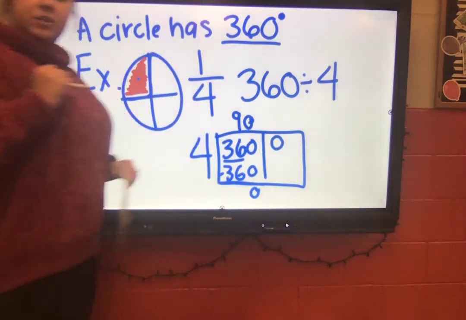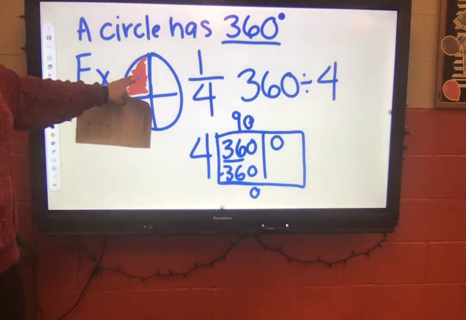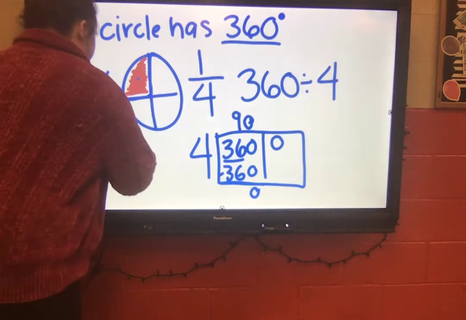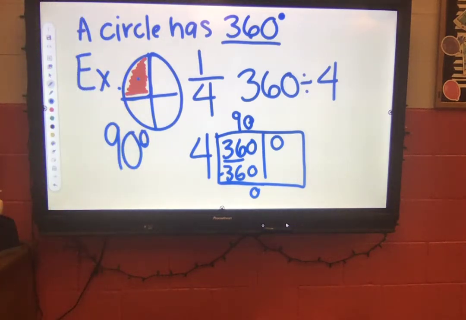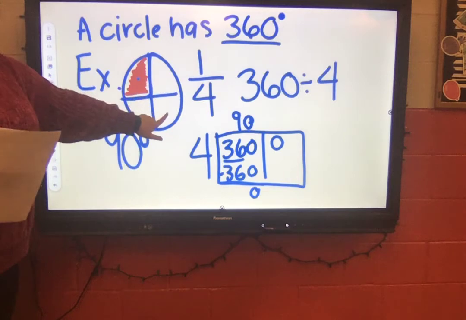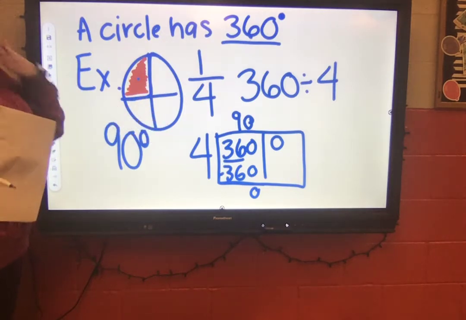Put it in our box. I have 0, so I have 0 remainder. So each portion of this circle, these 4 slices, are 90 degrees. So this is 90 degrees, this one's 90 degrees, this one's 90 degrees, and this one is 90 degrees.